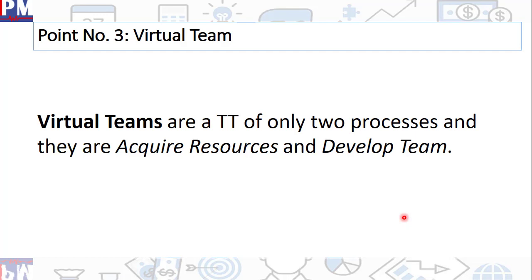That means the questions on virtual teams would be about how to develop the team virtually, what kind of things you can do to develop them virtually, or there may be questions about, hey, there are some resources which are placed in some other country and you need to work with them, so another way to work is that you can go for virtual teams.